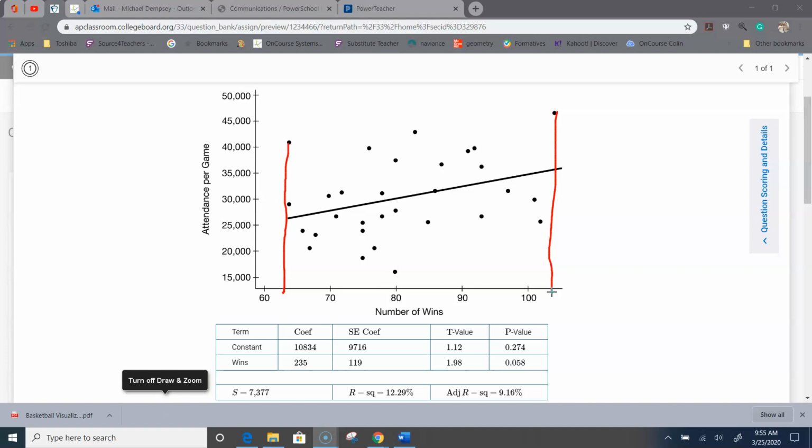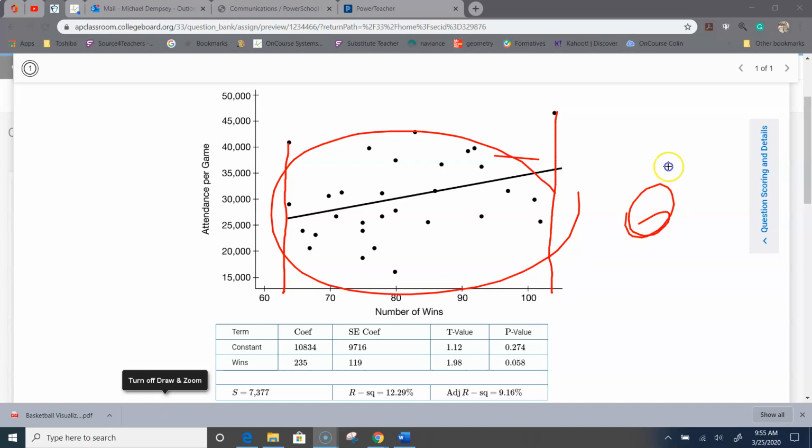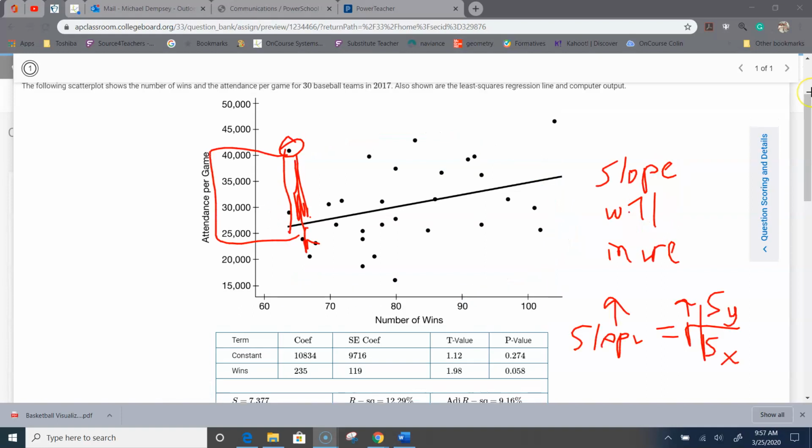We can only use a least squares regression line model for x values that are within the range that the model was created. Think about using shoe size of elementary school students to predict their reading level. That would probably work for elementary school students, but if you then try to use it for high school students, it wouldn't be helpful anymore, okay? So that's the idea.